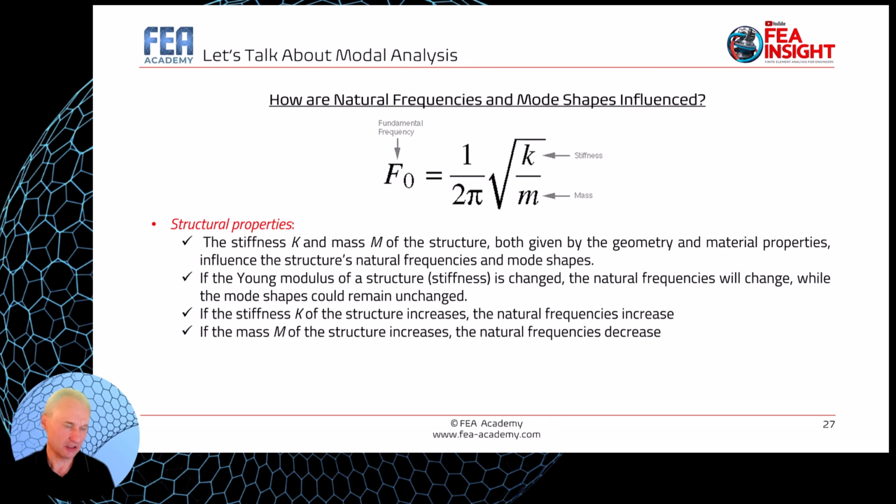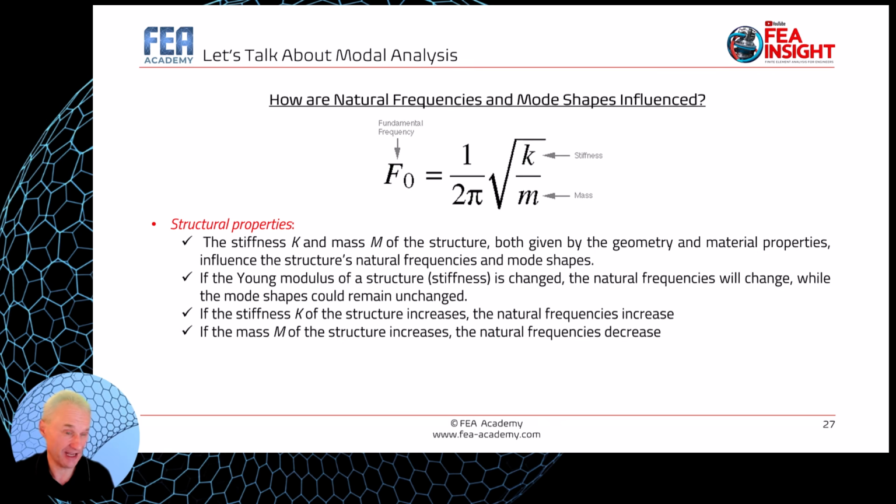If the Young modulus, for example, of a structure is changed, so the stiffness is changed, the natural frequency will change, while the mode shape could remain unchanged. If the stiffness of the structure increases, you see from this equation that the natural frequencies increase.